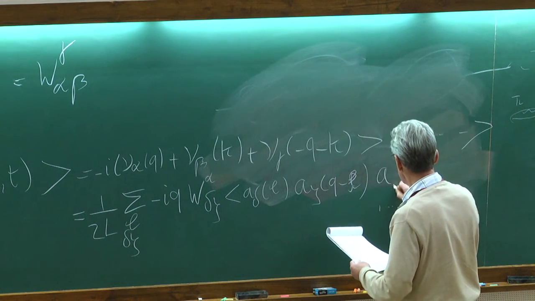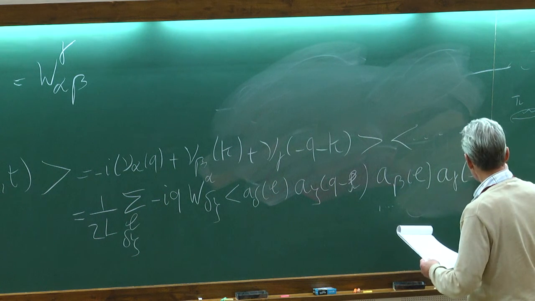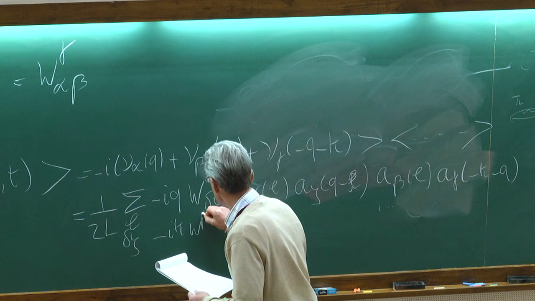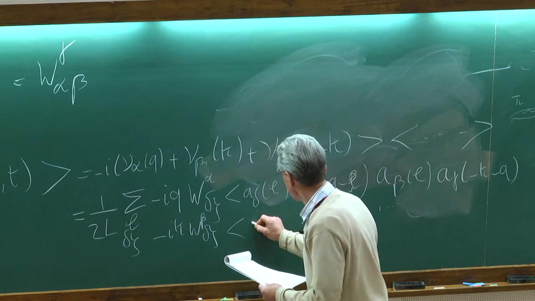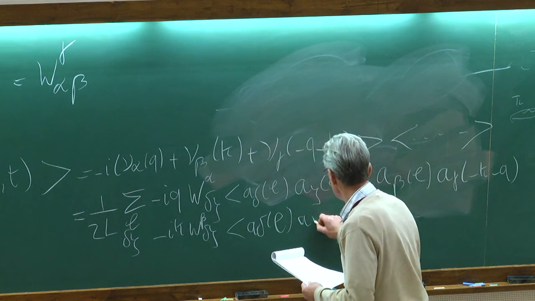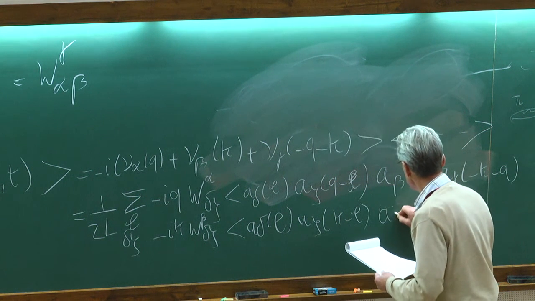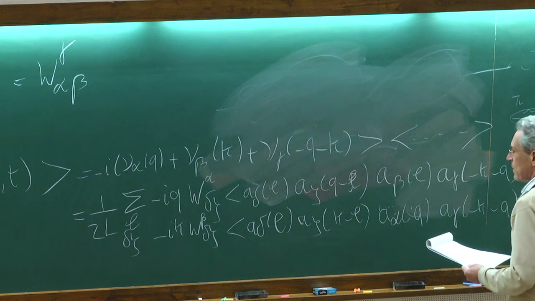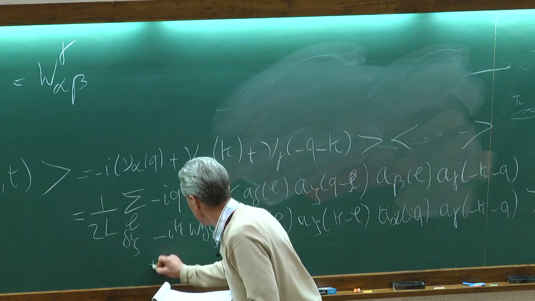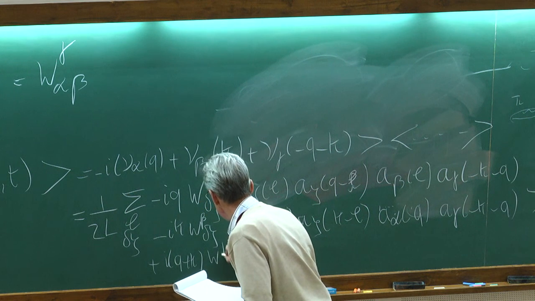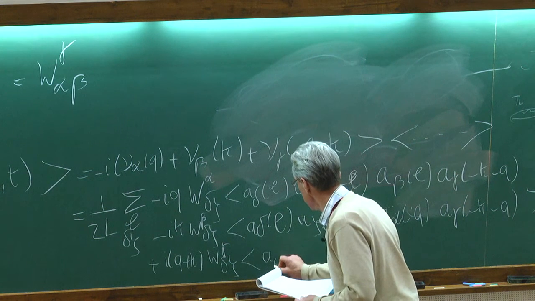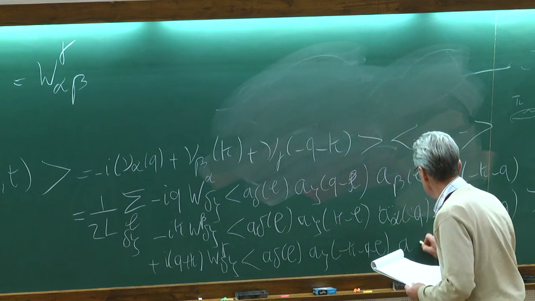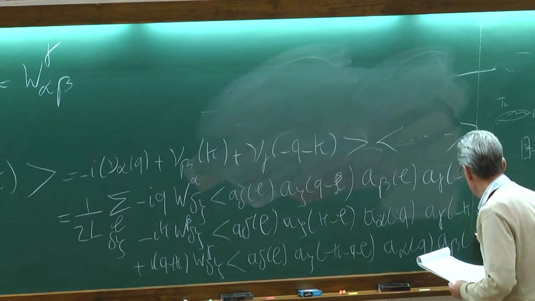This multiplied with A beta of k and A gamma of minus k minus q, and you get a similar term, minus i k W beta, with A delta of l, A zeta of k minus l, times A alpha of q and A gamma of minus k minus q, and finally plus i (k plus q) W gamma delta zeta, with A delta of l, A zeta of minus k minus q minus l, times A alpha of q and A beta of k.